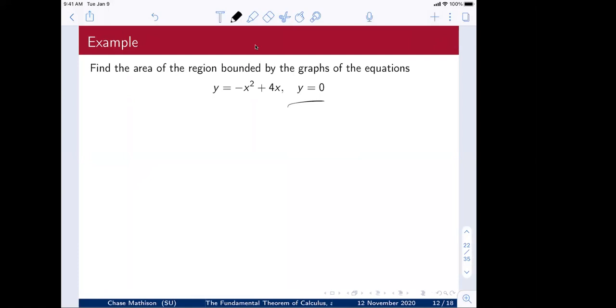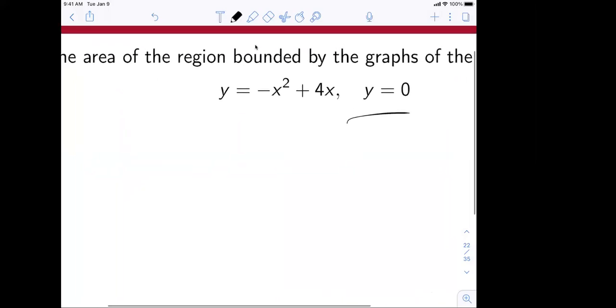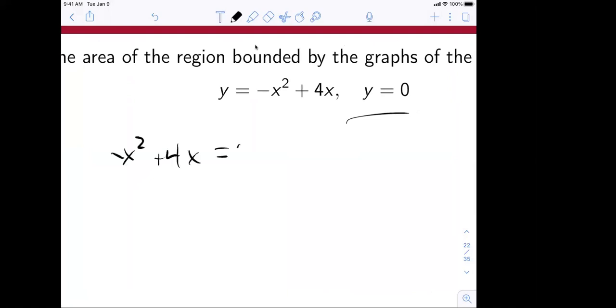Well, this is a parabola. It opens down, right? Negative x squared. And something that might be useful to plot this is to find its zeros. So if negative x squared plus 4x equals 0, then I can factor an x out of the left. I'm going to get x times negative x plus 4 is equal to 0.